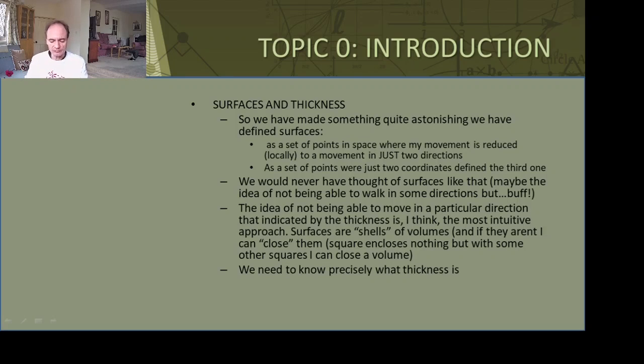But this idea of not being able to move in some directions could point us to our final approach to a proper definition of surface, which is that particularly we can't move in this direction, when we move on the spherical surface, for instance.